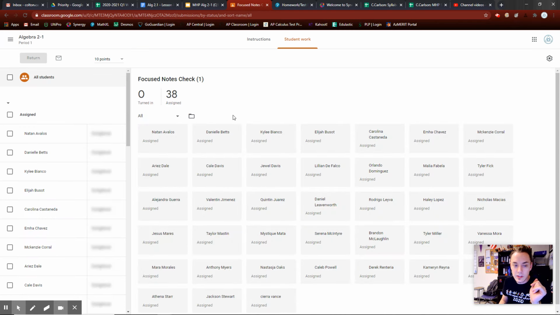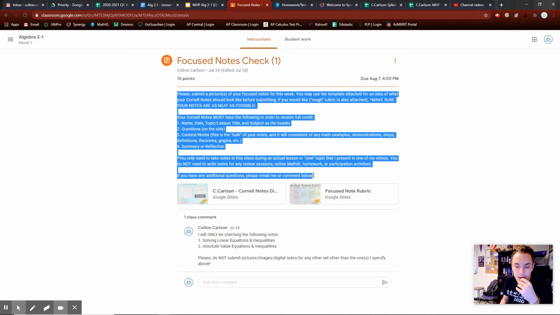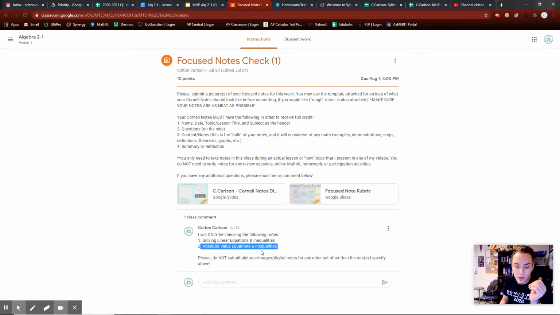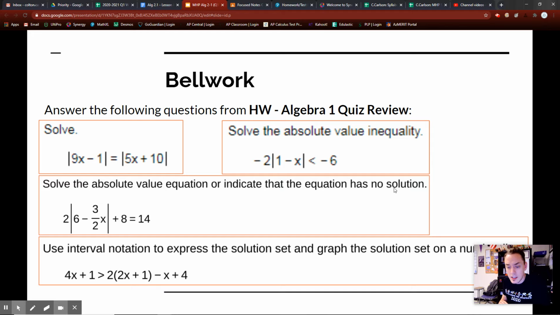You'll just click on focus notes. Obviously, students haven't done it yet, so click on that. And then it will be all this information. Here are the rubric and the directions. Of course, I will only be checking the two notes that we did this week. So make sure you do that, please. All right, let's get into it.